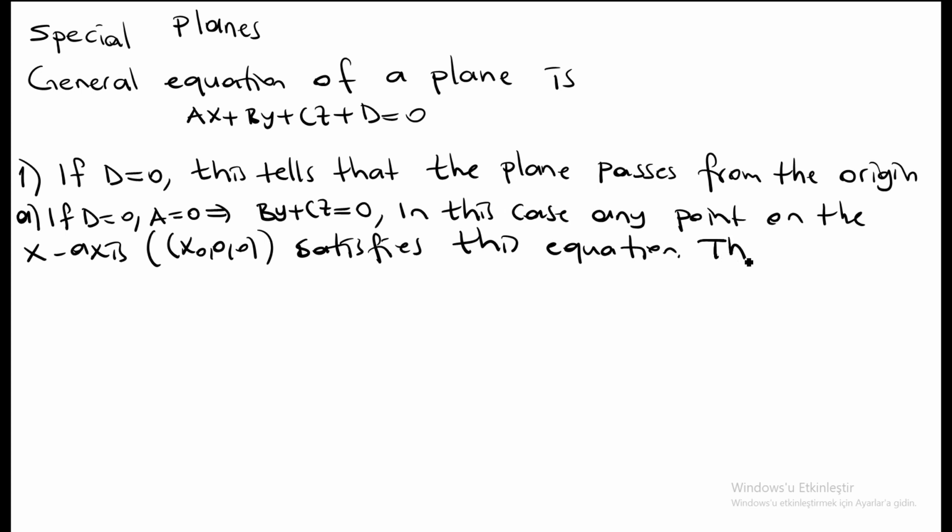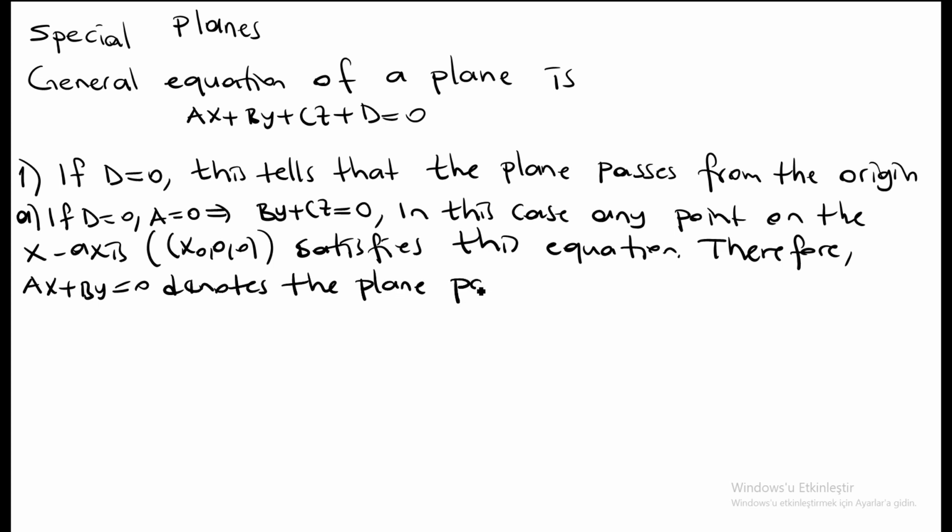So therefore, we conclude that A times x plus B times y equals 0 denotes the plane parallel to the x-axis.